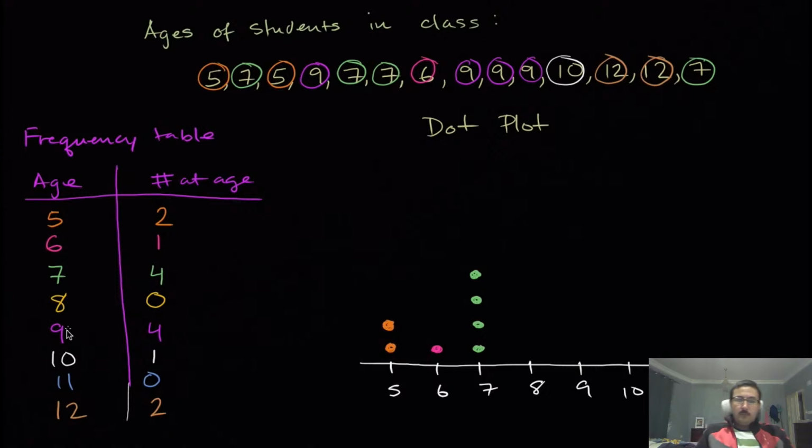There's no 8-year-olds. There's 4 9-year-olds, so 1, 2, 3, and 4. There's 1 10-year-old, so let's put 1 dot right over there. There's no 11-year-olds, so I'm not going to put any dots there. And then there's 2 12-year-olds, so 1 12-year-old and another 12-year-old.